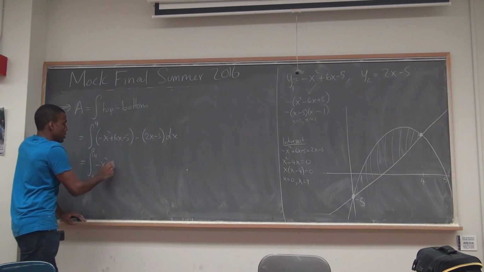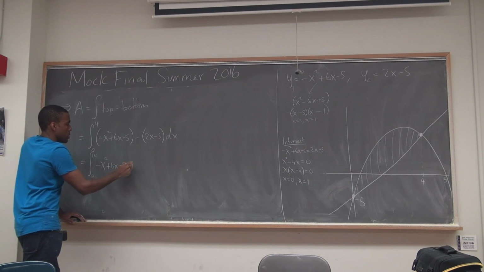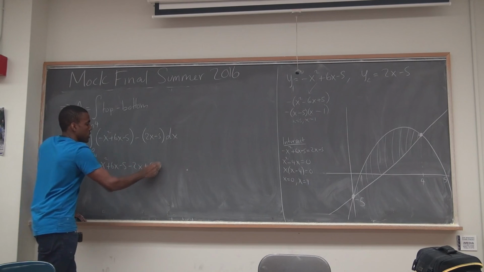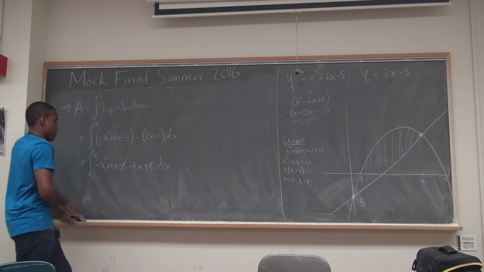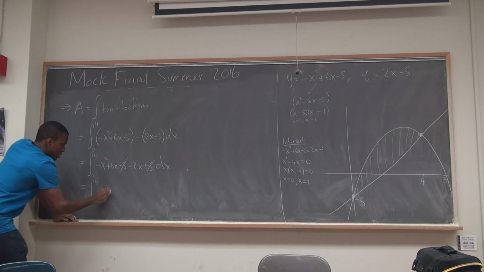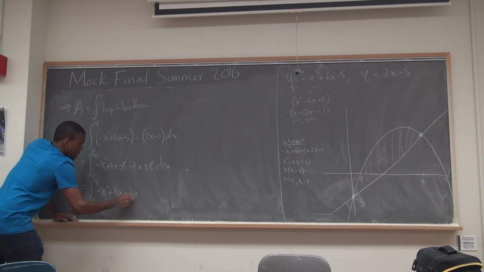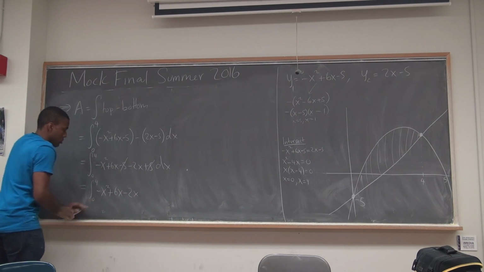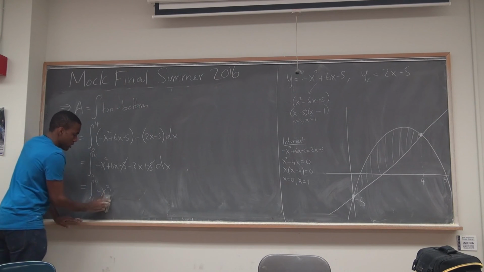Minus x squared plus 6x minus 5 minus 2x plus 5. The 5s cancel, plus minus x squared plus 6x minus 2x, which just makes it 4x.